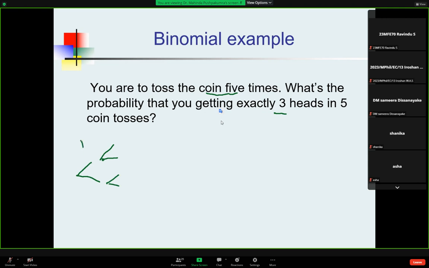This is the first coin, second, third, fourth, fifth. You can take a piece of paper, draw a T diagram, and identify how many ways we have of getting 3 heads if you toss a coin 5 times, or if you toss 5 coins.